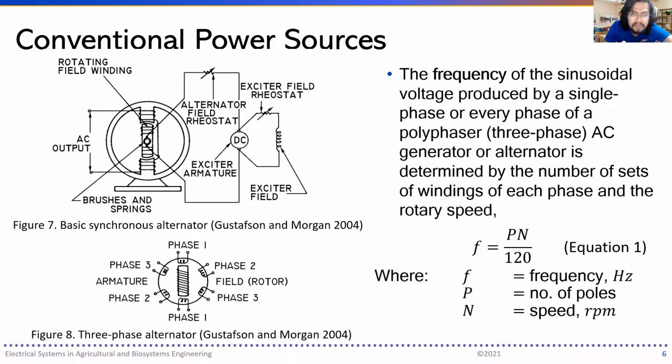But there are also polyphase systems as shown in figure 8, and in here we have a three-phase setup. In the case of a three-phase alternator, we have the overlapping of those sinusoidal waves.